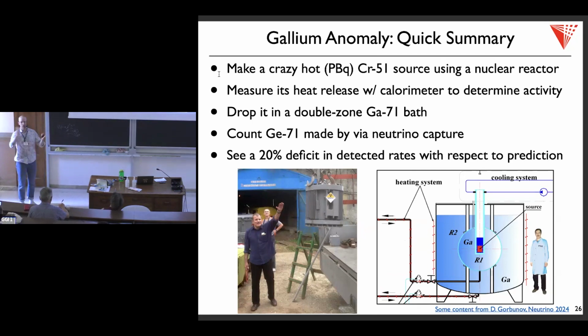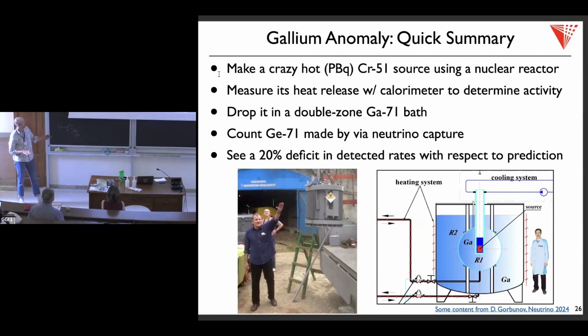I mean, you compose it to a source, and then you measure its heat release. You know of your gallium 71 bath. So here's a picture of a schematic of what that kind of looks like.